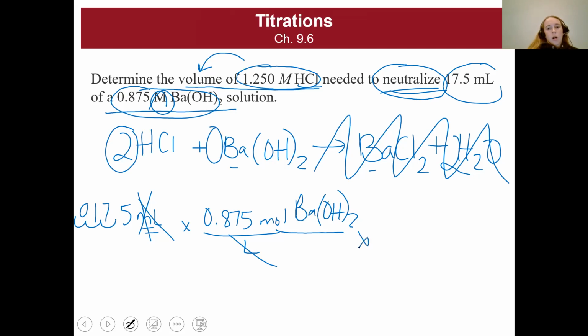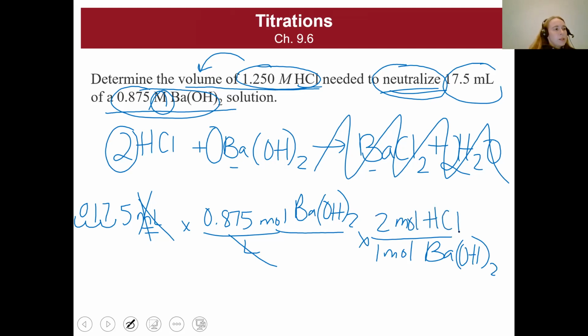So our mole ratio tells us there's 1 mole of barium hydroxide because there's no coefficient there, so that's a 1, for 2 moles of HCl. All right, so this will get us to our moles of HCl.